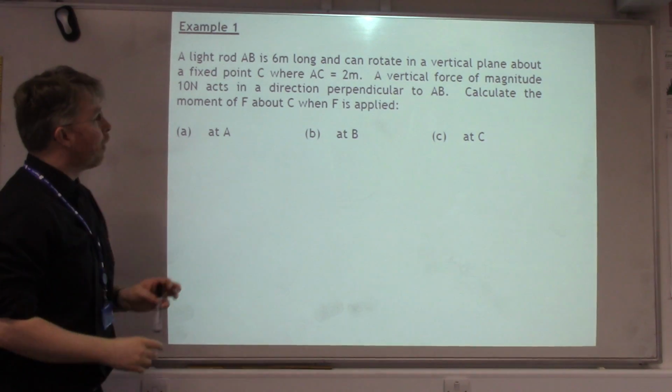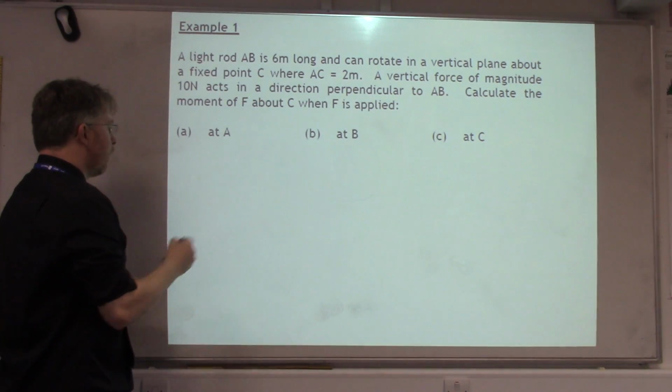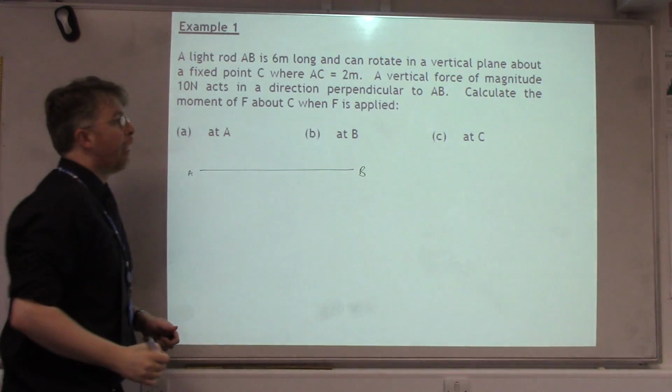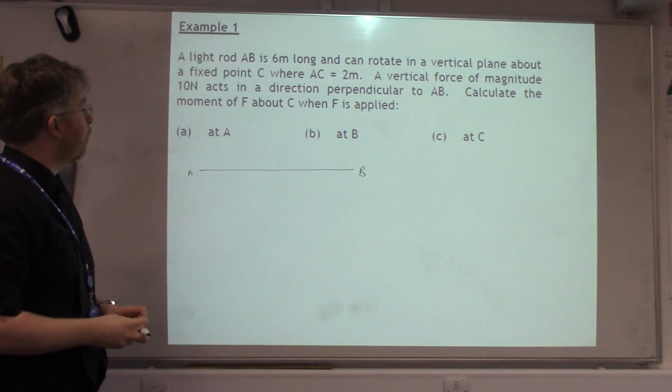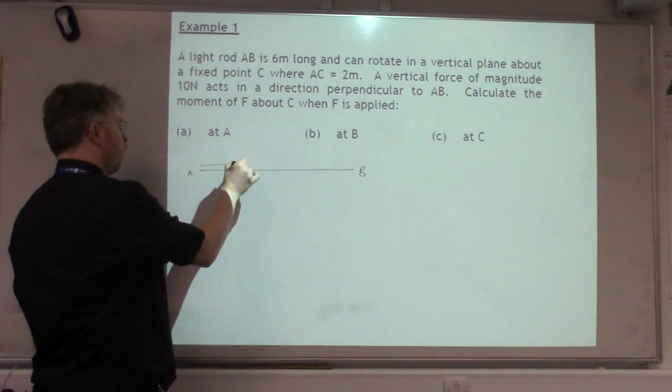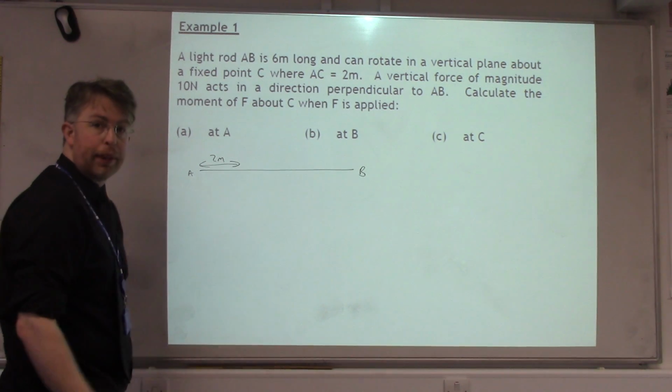Now, in this case, light rod AB is 6 metres long in a vertical plane about a fixed point C where AC is 2 metres. So these drawings don't need to be to scale.